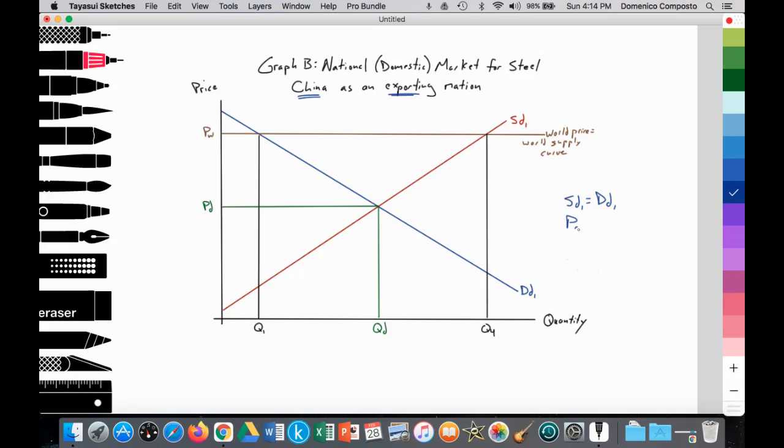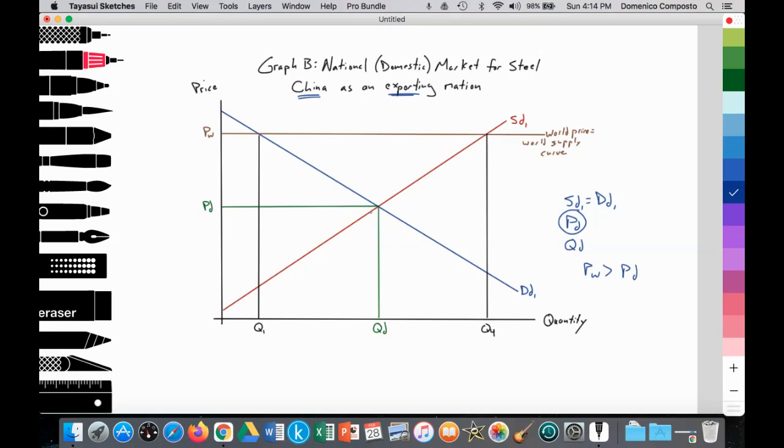And the domestic equilibrium price is at PD, which we see here, and the domestic equilibrium quantity is set at QD, right? And then we compare the domestic price to the world price. And we can see that the world price, PW, is greater than the domestic price.